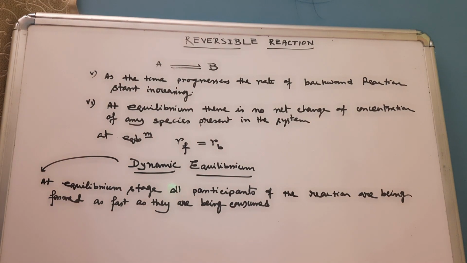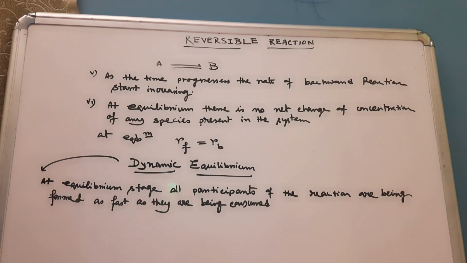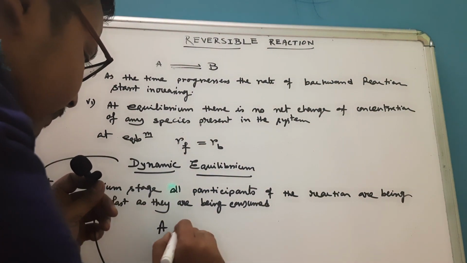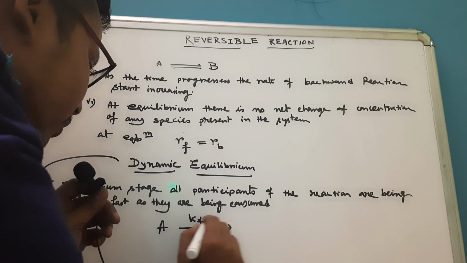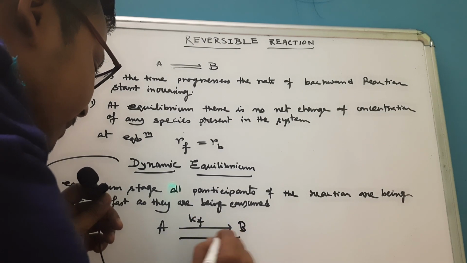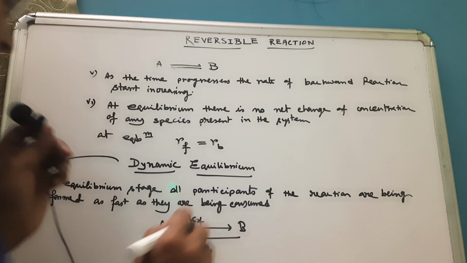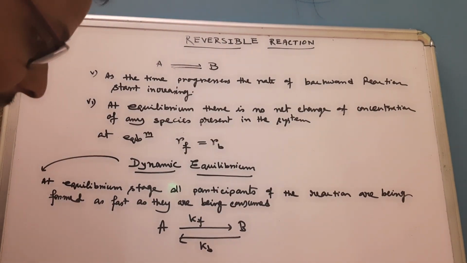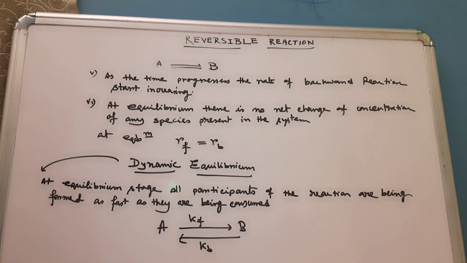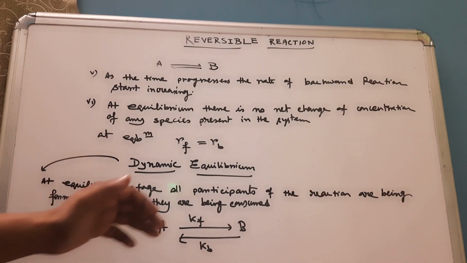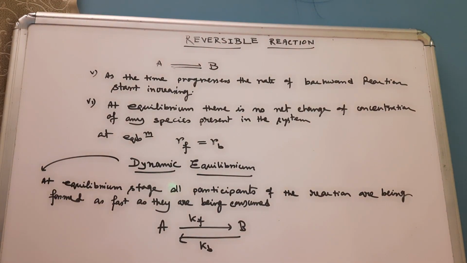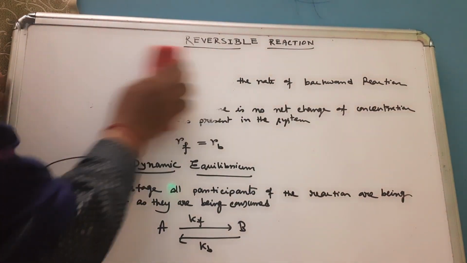A reversible reaction may be classified on the basis of the order of the elementary forward and backward reactions. This is basically the forward reaction, and this is basically the backward reaction. Now we are going to discuss a special kind of reversible reaction, where the forward reaction is of first order and the backward reaction is also of first order.